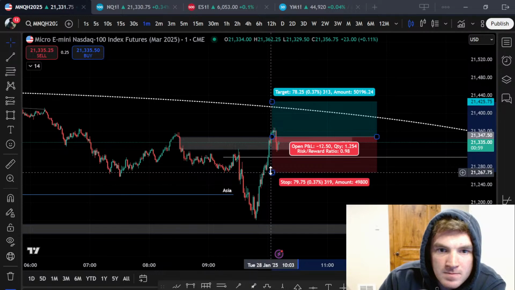Hopefully my risk will be appropriate, and if it's a loss, then it's fine. I'm basically putting my stop below these tiny up close candles here, and then I'll go break even at this high if we can get above this high.